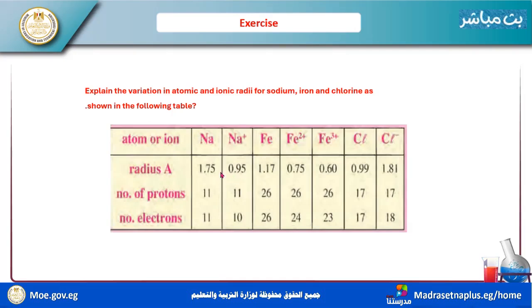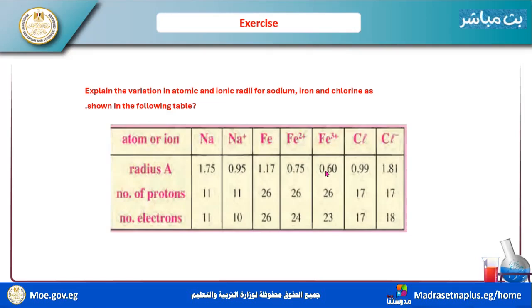We can conclude the radius of the positive ion is less than the atom. We have 0.98, this radius is less than 1.75, the radius of the Na atom. Fe is 1.17, Fe plus 2 is 0.75, Fe plus 3 is 0.6. So this is decreasing.